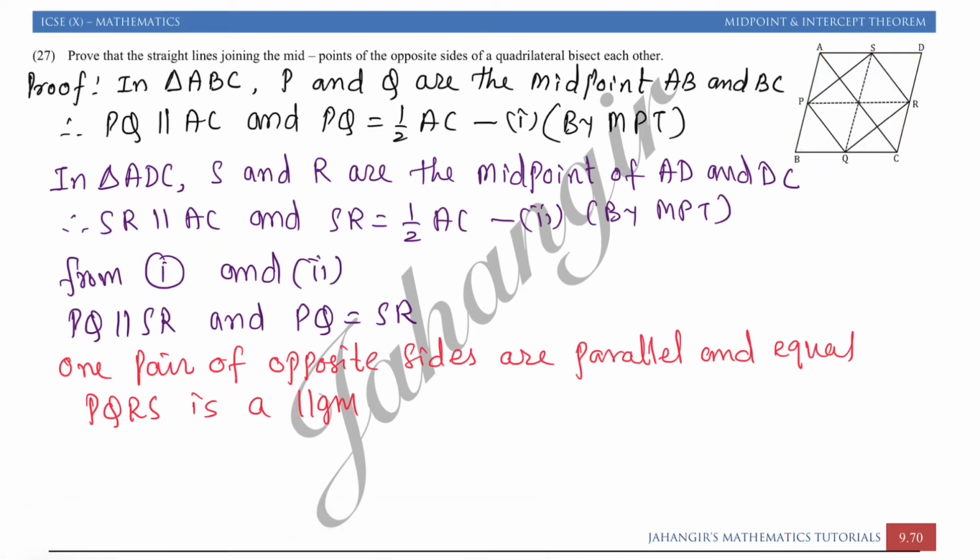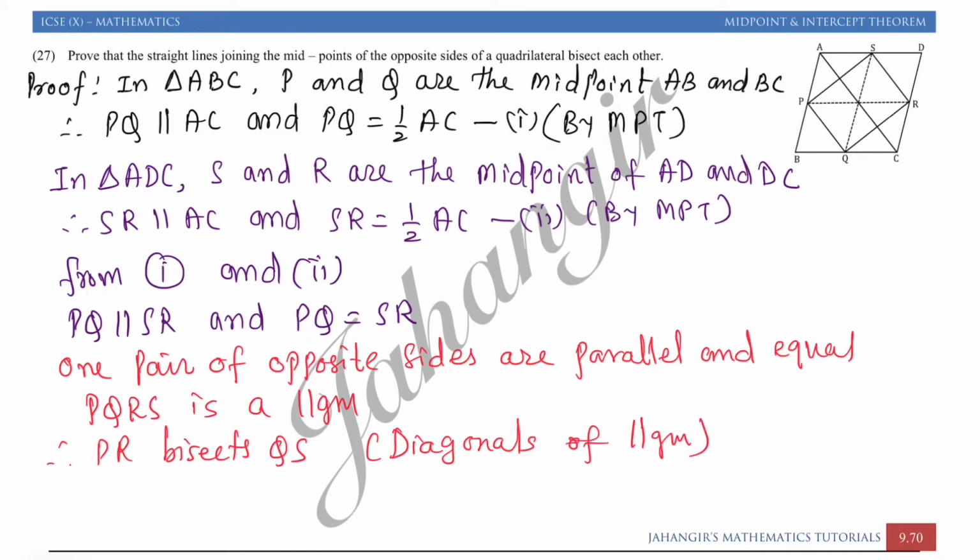So if PQRS is a parallelogram, that means the diagonals should bisect each other. So therefore diagonal PR bisects QS. Diagonals of a parallelogram bisect each other.